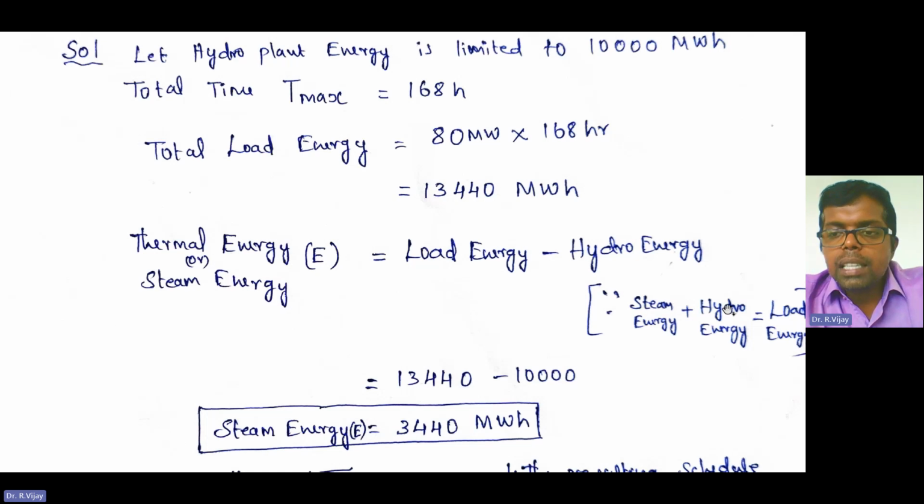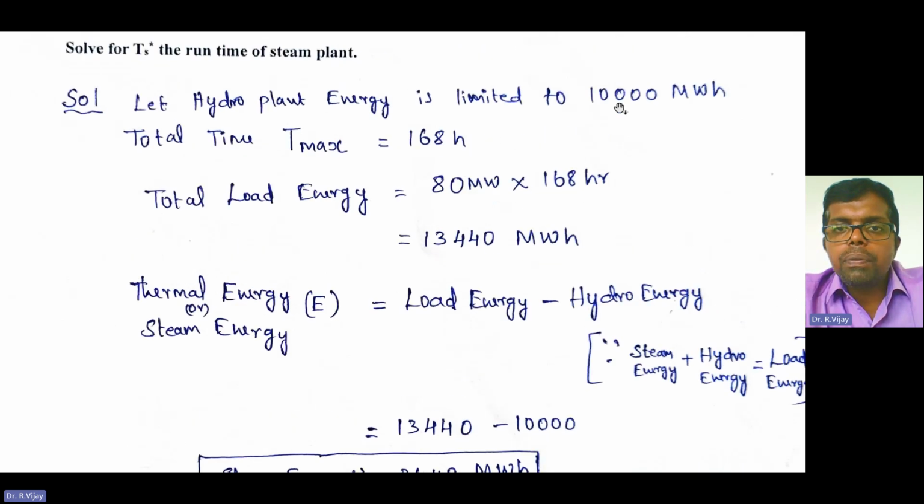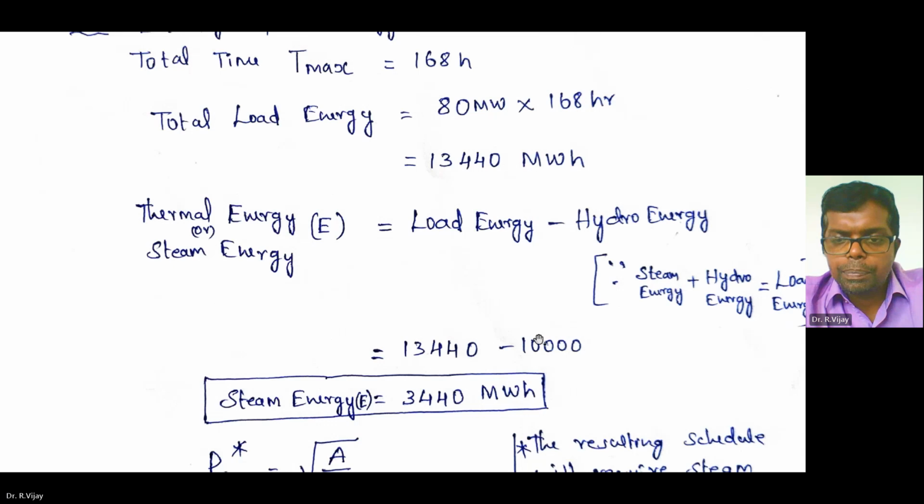So what is the steam energy? Steam or thermal energy E is equal to load energy minus hydro energy. The load energy we already calculated is 13,440 megawatt hour, and the hydro energy we considered is 10,000 megawatt hour.